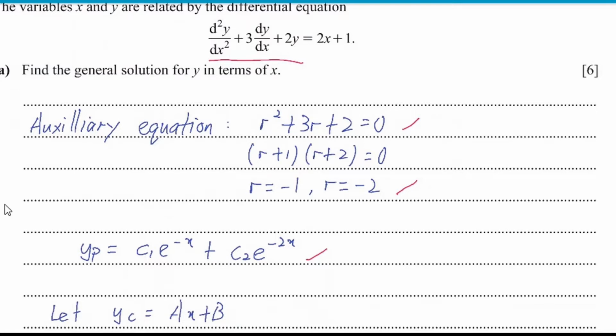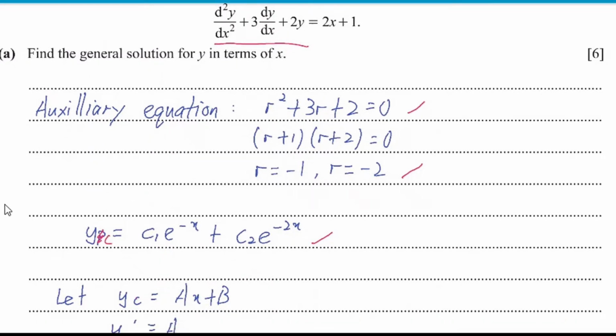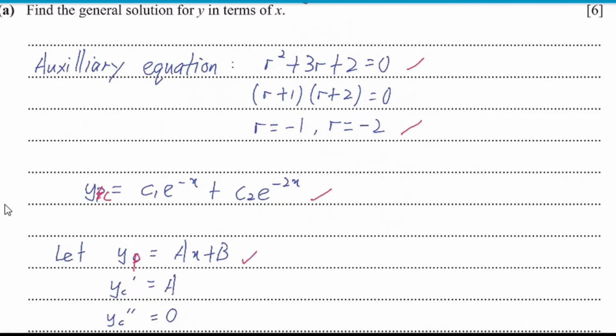After that, what we need to do is find the particular solution. Sorry, the earlier one is the complementary solution, and this is the particular. The particular solution depends on the right-hand side. On the right-hand side, we have a linear function, so the particular function that we have here is also linear. We make it ax plus b.